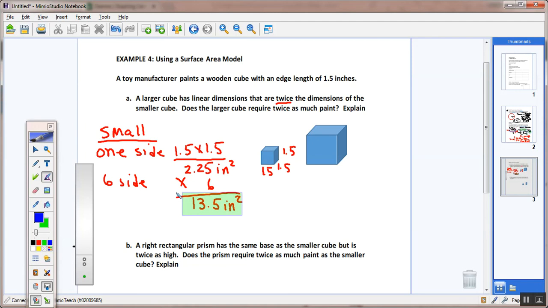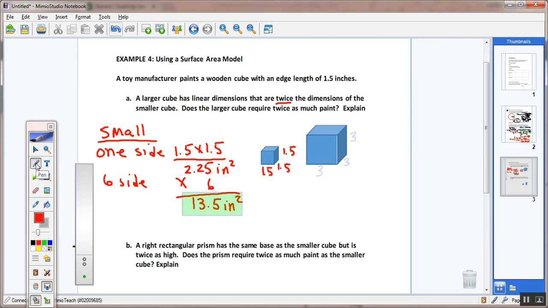Guys, if I double the dimension here, 1.5 would double to what value? 3. Okay, so for this bigger cube that's twice as big, this would be 3, this would be 3, and this would be 3. So what's the area of one side going to be on the bigger cube? 9.